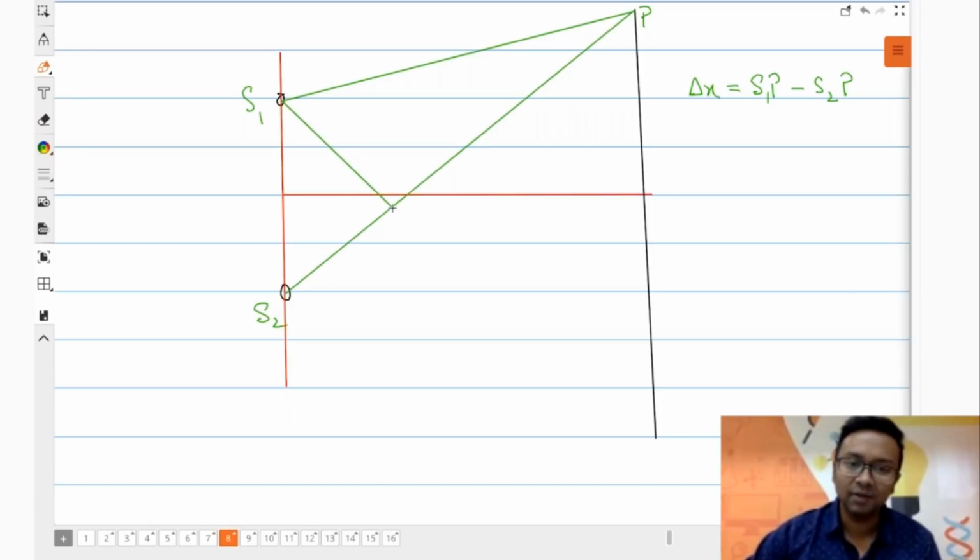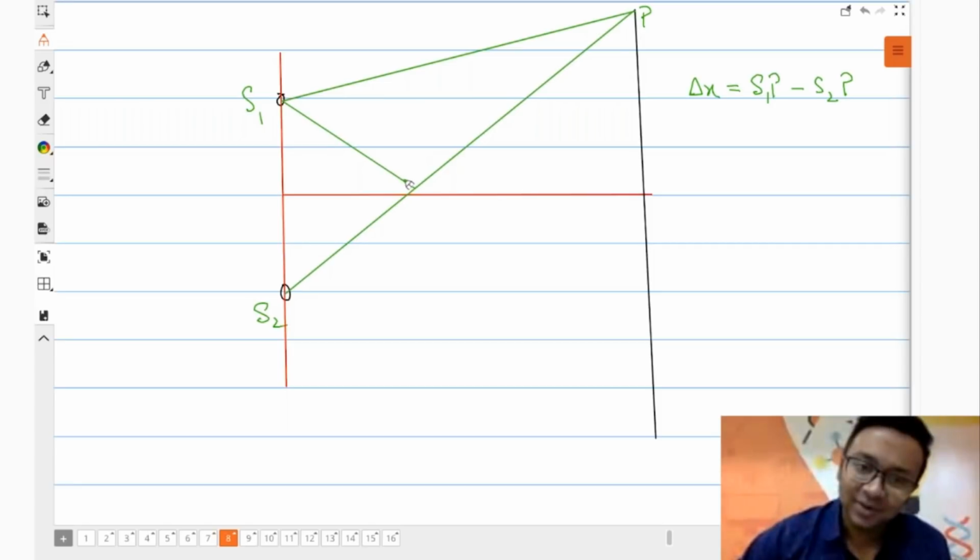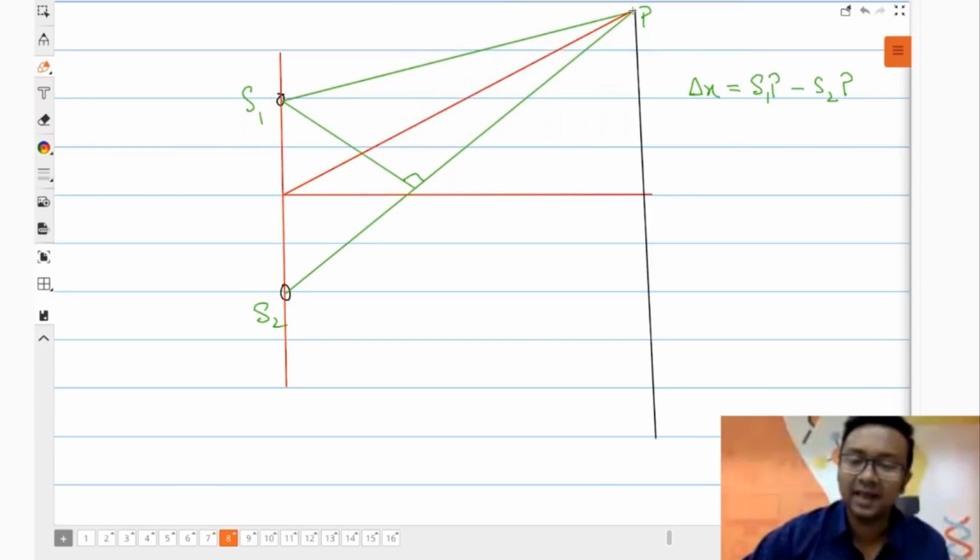Drop a perpendicular from here. Say it comes somewhere out here. So this is going to be 90 degrees. Clear? And the central line is also subtending an angle at this point, and we call it theta.